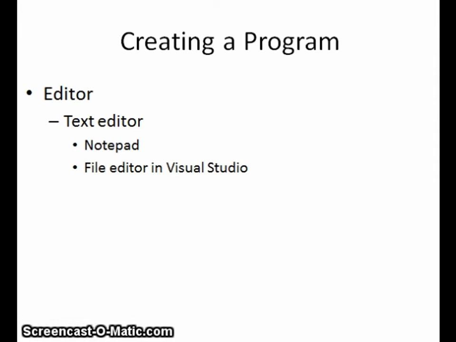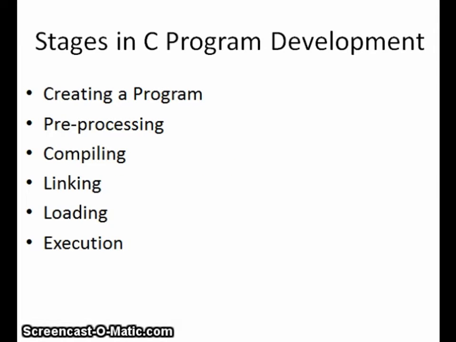The important thing is that once we have created the program and go to the compilation stage, the system goes to the pre-processing stage, as in our previous slide, and then to the compiling stage. So after creating a program, when you want to compile, a pre-processing stage is executed first. After that, compiling is performed.